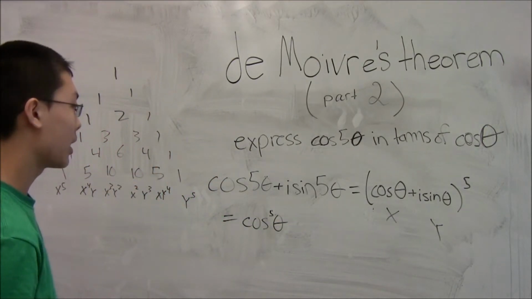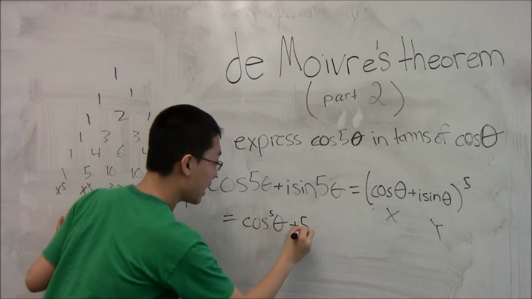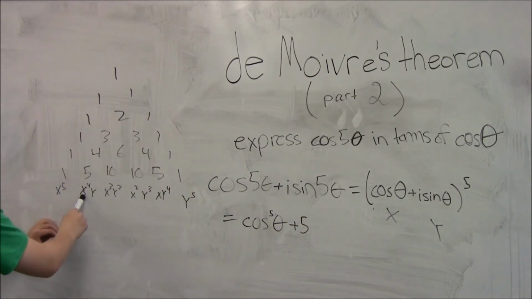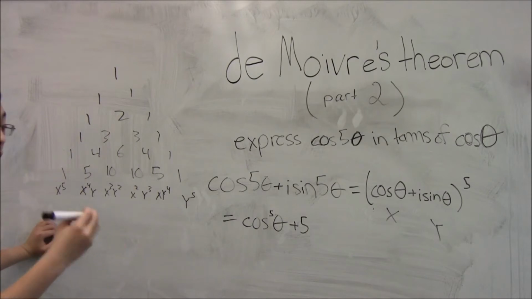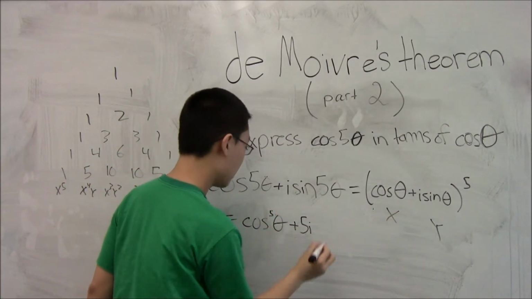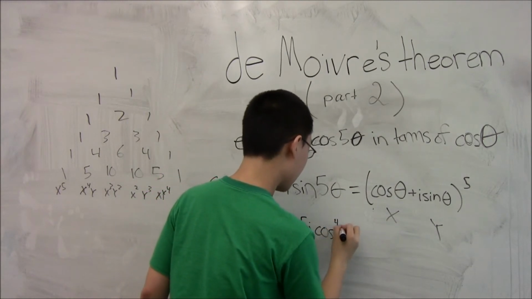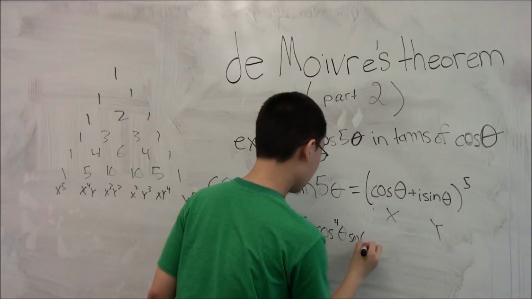Okay. And then plus 5, and then you've got cosine to the 4th of theta, and 1 y there, so an i sine of theta, so 5i cosine to the 4th theta sine of theta.